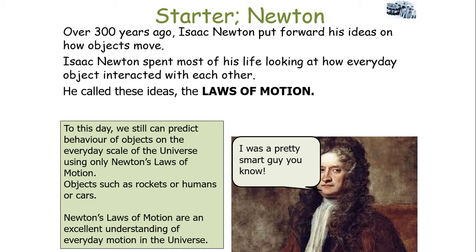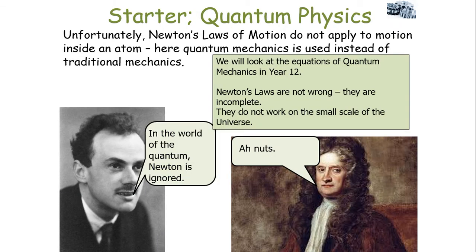So, for example, how rockets fly, how humans move, how cars travel, how the Earth orbits around the Sun. We can use Newton's laws of motion to give us an excellent understanding of this everyday motion in the universe.